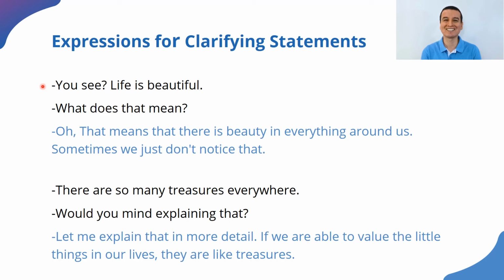Pronounce, please. You see, life is beautiful. What does that mean? Oh, that means that there's beauty in everything around us. Sometimes we just don't notice it. There are so many treasures everywhere. Would you mind explaining that? Let me explain that in more detail. If we are able to value the little things in our lives, they're like treasures.